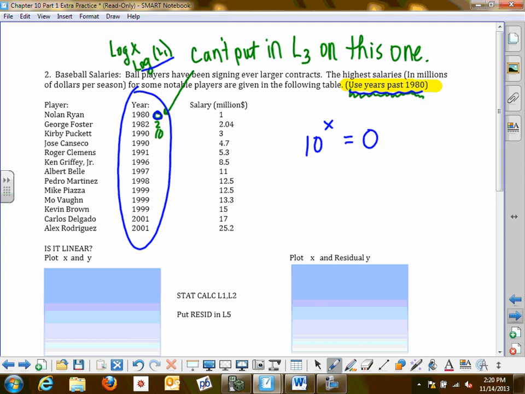Can you think of a power that makes 10 a 0? It's not 0. 10 to the 0 power is 1. I'm not going to do that little proof for you. But there's nothing. That is why if you tried to do your L3 on this problem, you would get a domain error because you cannot compute the log of 0.